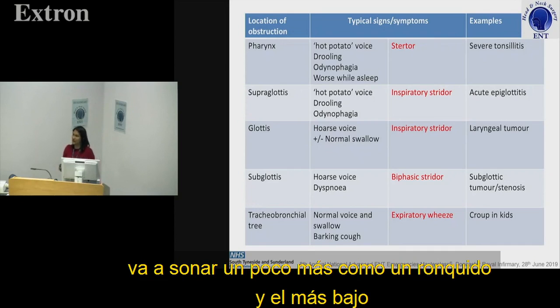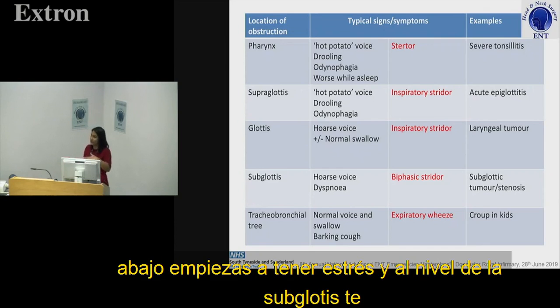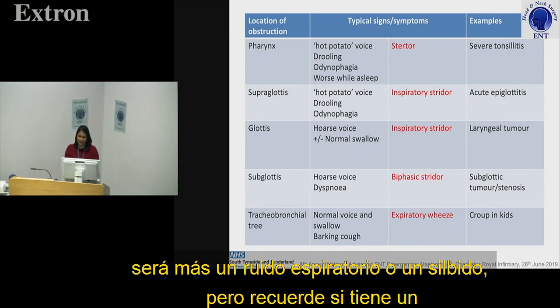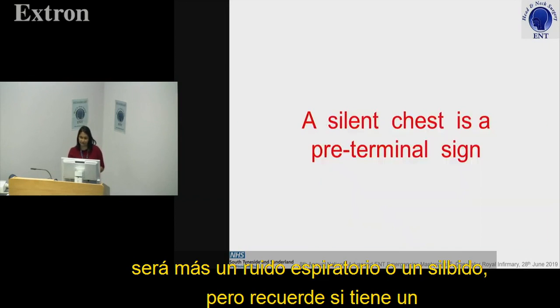So it's going to sound a little bit more like a snoring type noise. And the lower down you start getting stridulous. And at the level of the subglottis, you will get a biphasic stridor, and lower down in the tracheobronchial tree, it will be more of an expiratory noise or a wheeze.